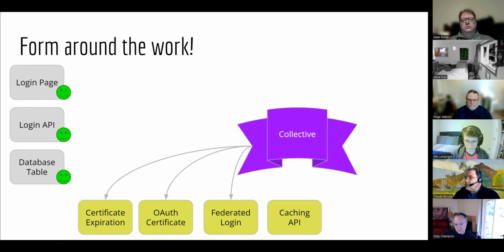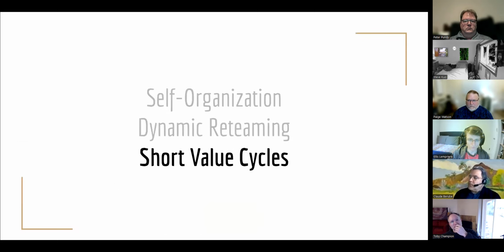Oh, there was one other thought I wanted to talk about, but maybe we'll come back to that. Let's move on and talk a little about short value cycles. In every really high performing, quality-practice, great team that I've been on, the shorter the value cycle, the better it has been.